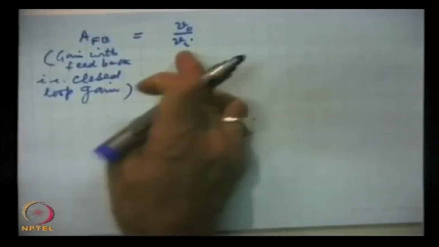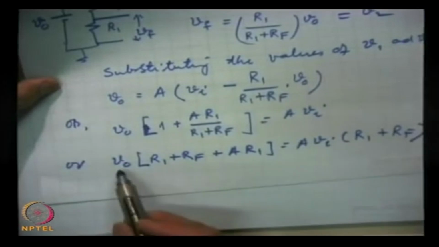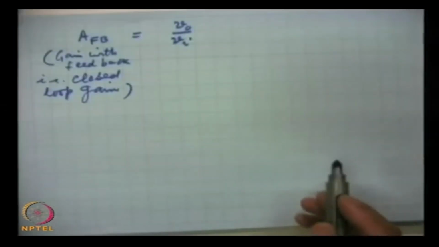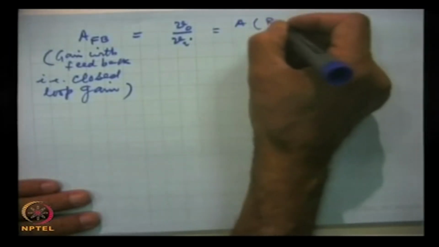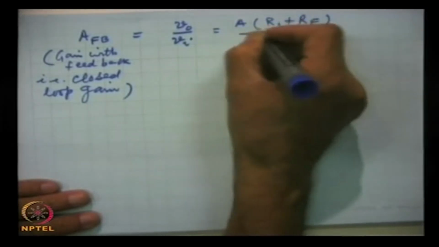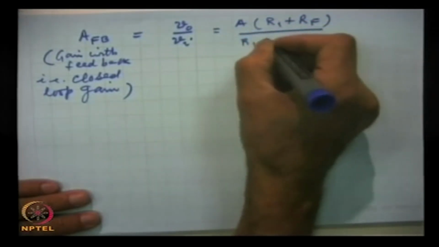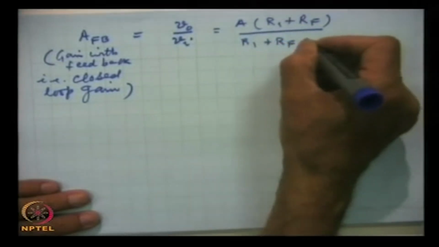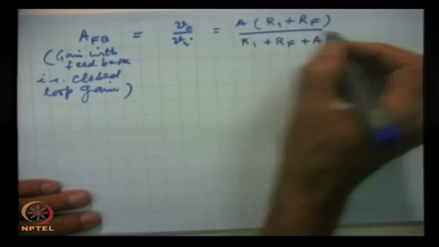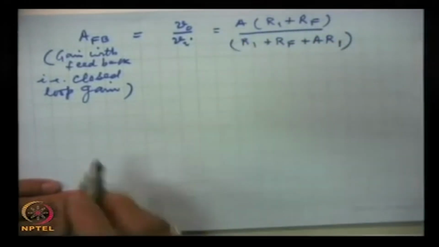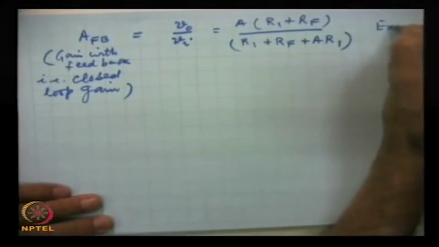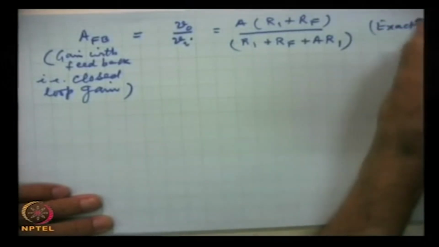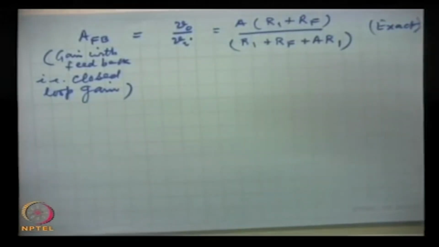For that, this is the gain, and from this equation V0 by Vi becomes equal to A into R1 plus Rf, divided by R1 plus Rf plus AR1. This is the exact expression for the voltage gain.